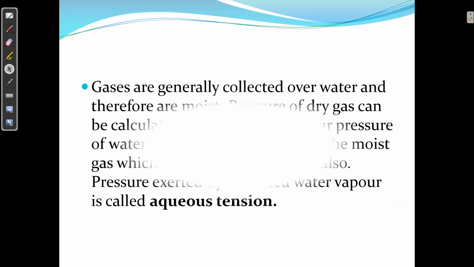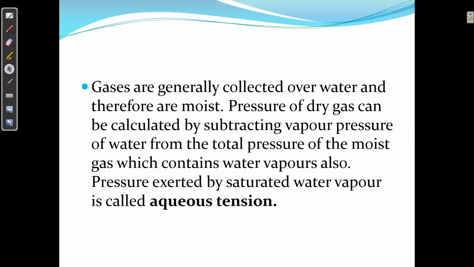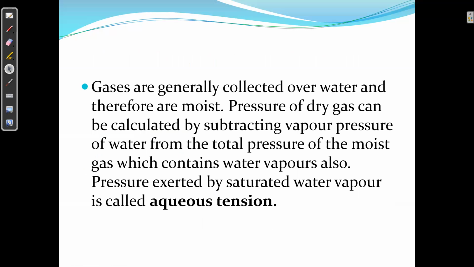You can see one more example. This is an application of Dalton's law. What is the application? For gases collected over water, by downward displacement of water, the pressure of the dry gas is equal to the total pressure minus aqueous tension.